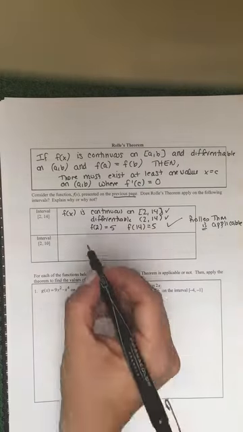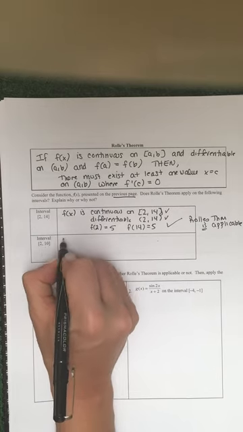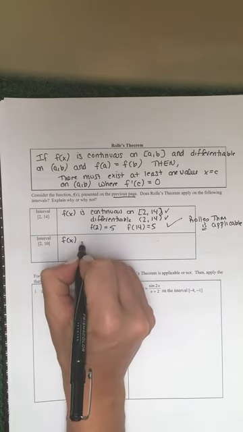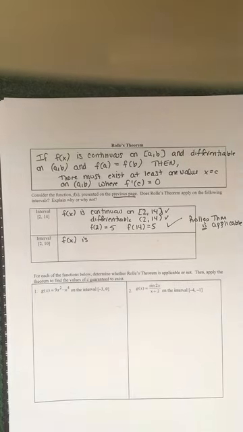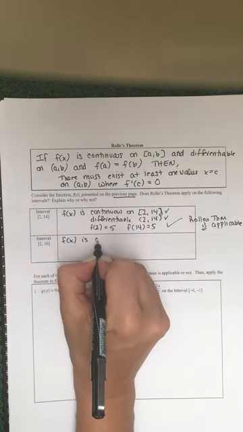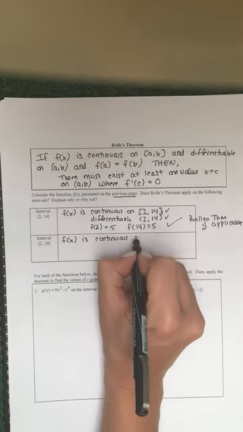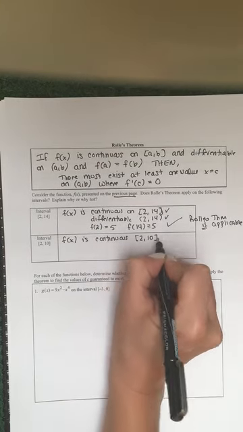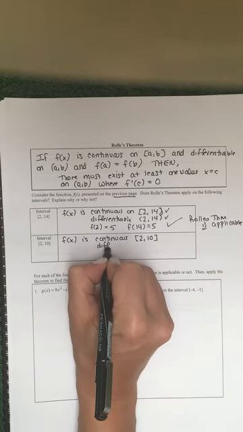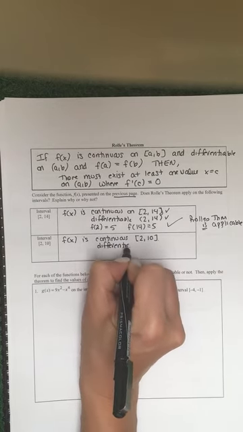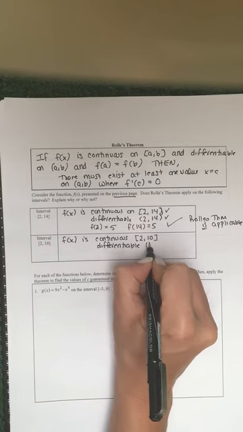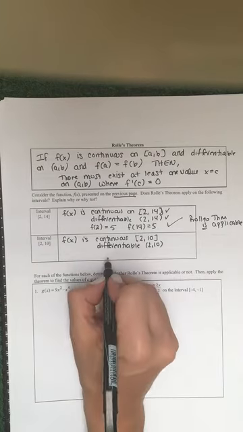So then let's check out the closed interval from 2 to 10. So we're going to test the function f of x. This is the same one that we just plotted before on the previous page. It's continuous. There's no discontinuities from 2 to 10. It's differentiable on 2, 10.